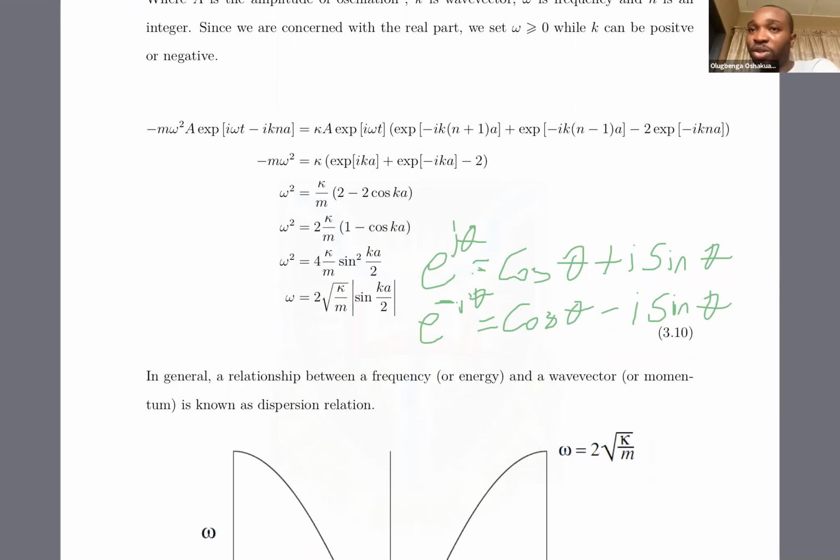So when you expand this exponential ika and exponential minus ika in terms of this theta, wherever I've put theta here, you replace with ka. So, or do we need to do that? So if I erase this.